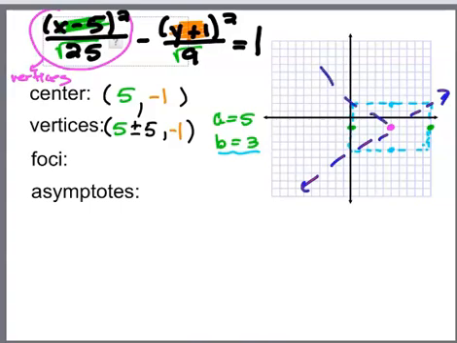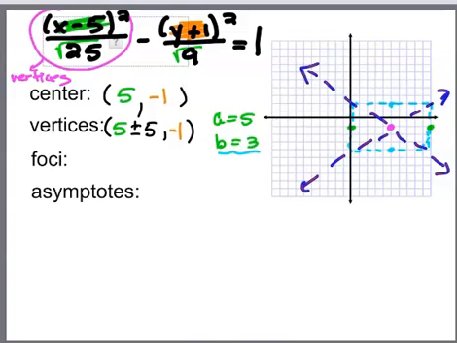I'm going to make the asymptotes. All right, well, hopefully you can make them straighter than I just did. Okay, I better fix this. This looks a little... All right, so those are the asymptotes.